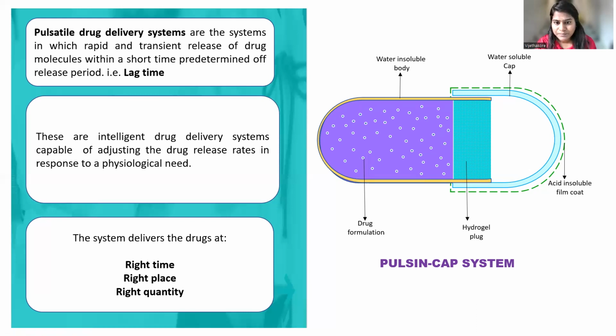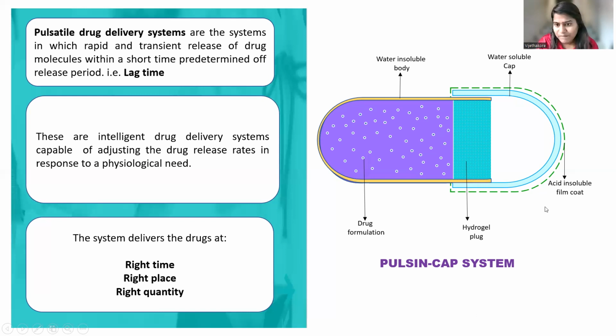The inside violet color contains the drug formulation, and the light blue cap is the water soluble cap. It dissolves in the GI fluids.